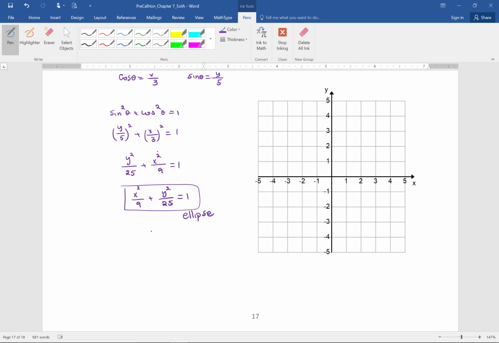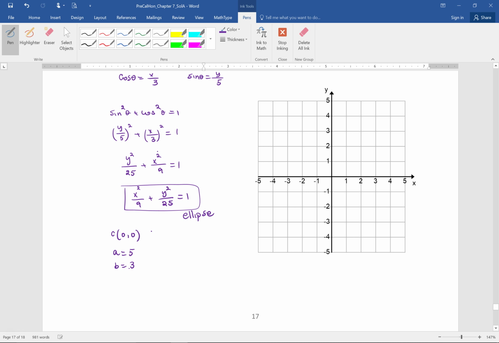The A for the ellipse is the bigger number, and it's with the Y, so it's longer over the Y than wider along the X. Okay? So this is a vertical ellipse. Centered at where? 0, 0. And how much is A? Come on. 5, and B is equal to 3.